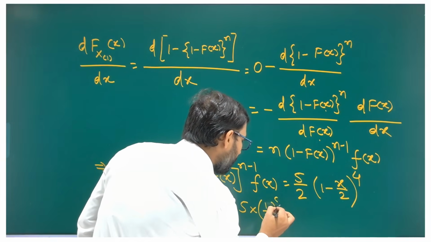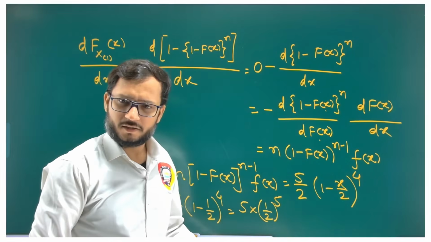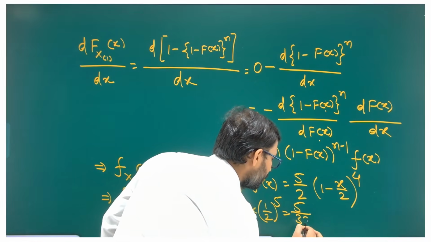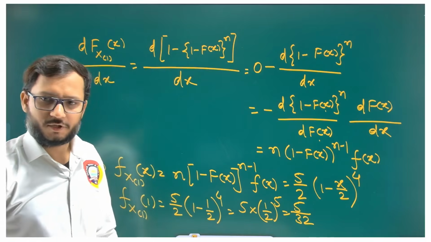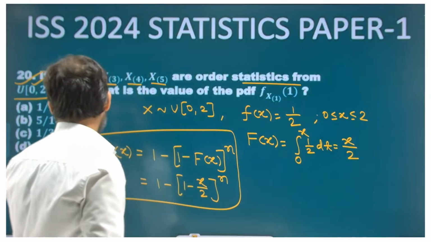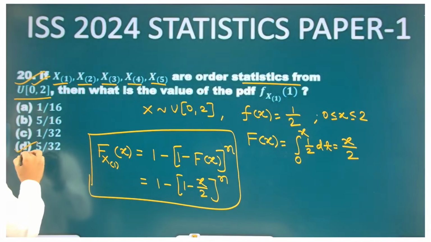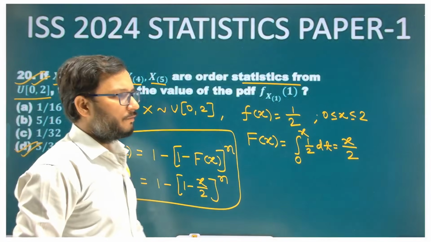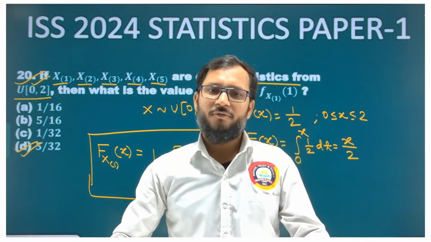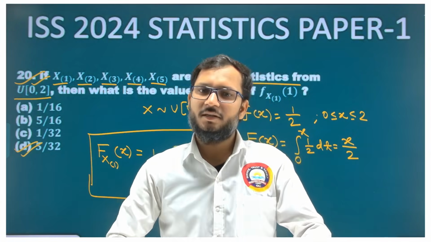Now 1 by 2 to the power 5 is 1 by 32. So this becomes 5 by 32. So 5 by 32 is the correct answer of this question. Is there an option? Yes, there is, option D. So 5 by 32 will be the correct answer for this question, and option D is the correct option.